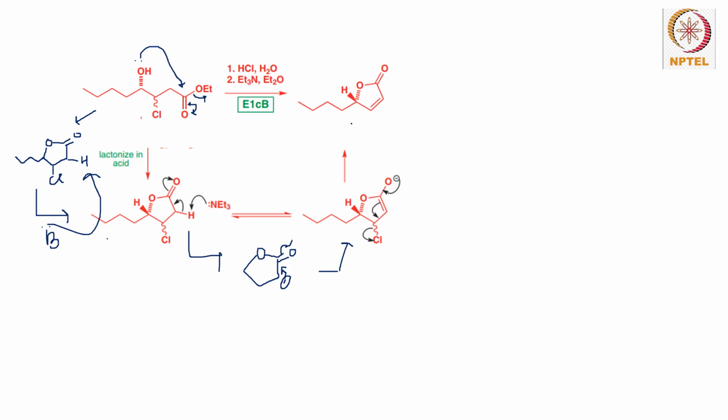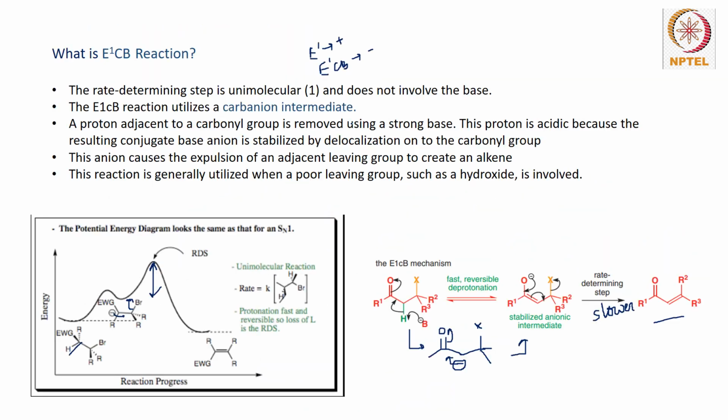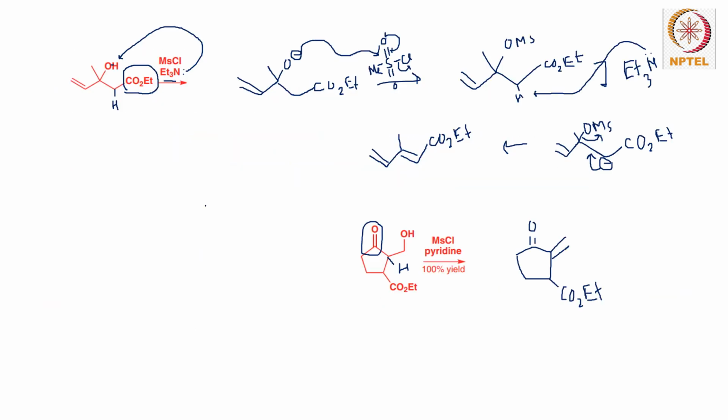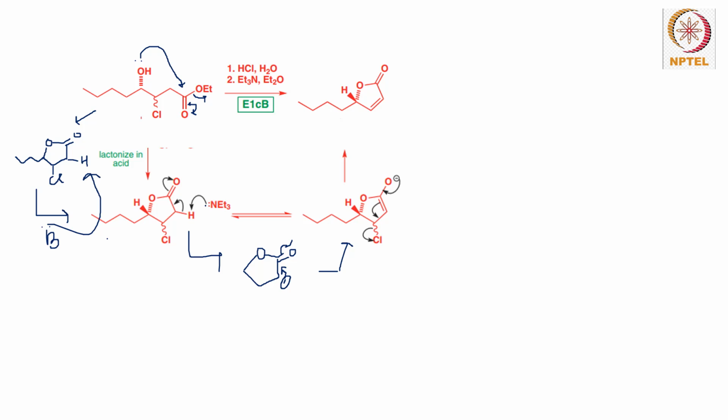Okay, I hope E1cB is now clear. Whenever there is a poor leaving group, like hydroxide, as I have already discussed, in that case mainly E1cB gets involved. Because with a good leaving group, E1 and E2 can take place, but when there is a bad leaving group, to remove that leaving group you need a high electron density.